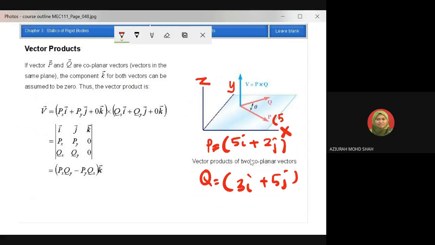Saya perlukan ruang yang besar untuk menconteng ni. So, kita kena buka PowerPoint ni. Sempat tak hari ni? Sekejap saya buat dekat PowerPoint set.